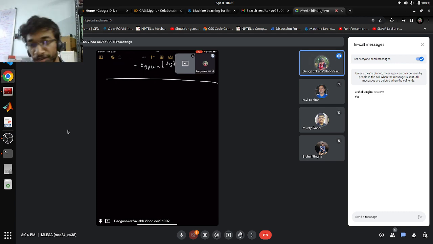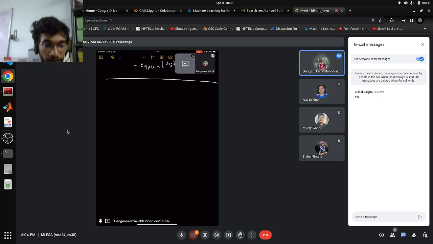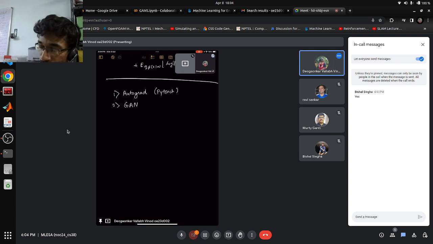So today I was planning to cover two demos. One was going to be about the AutoGrad functionality in PyTorch, and the other was going to be a demo of an implementation of a GAN for a simple MNIST dataset.